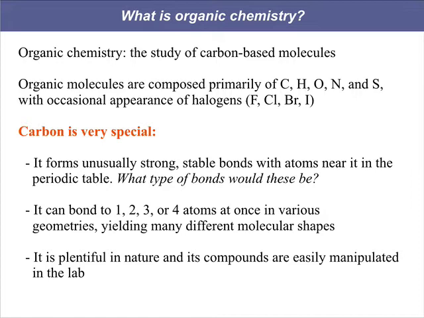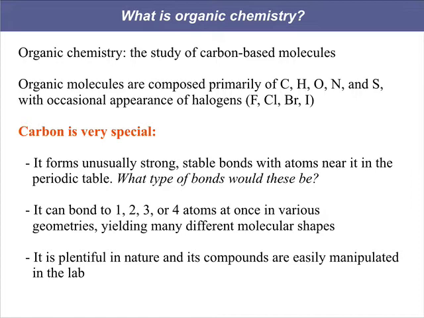Those would be covalent bonds, okay? It can make bonds to 1, 2, 3, or 4 other atoms at once, and those bonds can have various geometries. And when you combine various geometries, it gives rise to various molecular shapes. So again, diversity in structure.